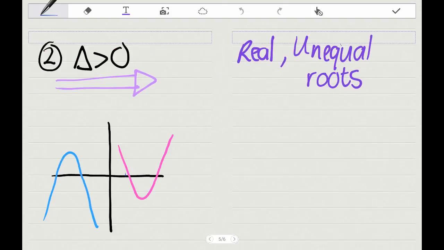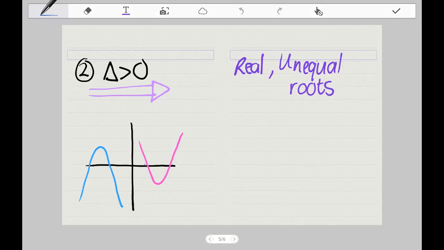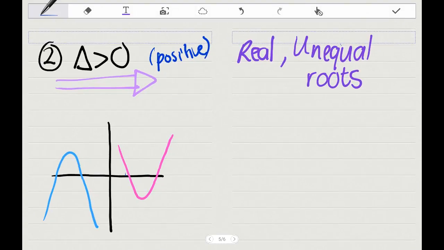The next one is when delta is greater than 0, which is also positive. So we have a positive solution. We have then a real unequal root. So the answer looks like this, where as you can see, there are two solutions and they're not the same. Okay, now we can further classify it according to whether delta is a perfect square or not.